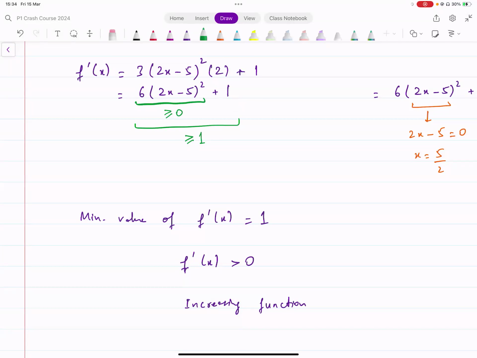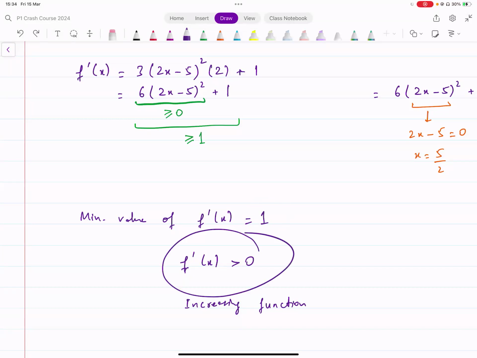So you could just think of this function like this as well, that the square part with 6 multiplying has a least value of 0. That means it always has to be 0 or more. So the whole thing has plus 1 added here as well. So the whole function should be greater than or equal to 1. That means the minimum value of this derivative is 1.